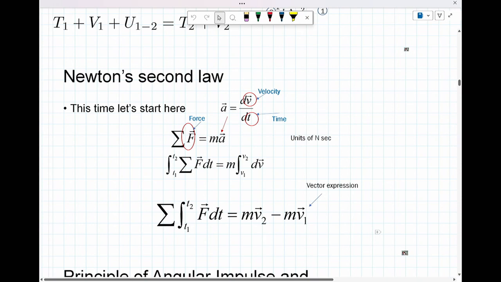When you go into momentum, you end up with a vector expression. So work energy is, to a large extent, you may not agree with me, the easiest part of the course, because you don't have to worry about direction. You worry about magnitudes. Both acceleration and momentum, so second law directly, and momentum depends on direction.